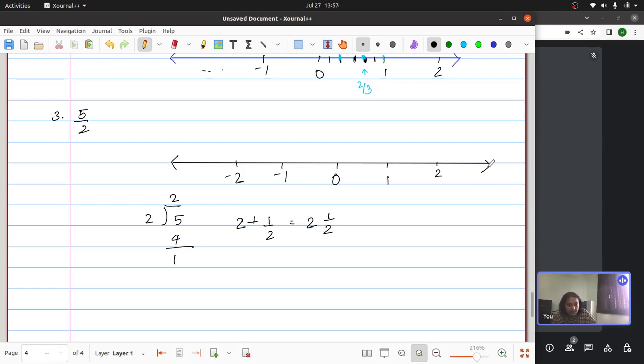So what we do is, you look at the interval after 2, that is between 2 and 3, and so we are looking at 2 1 by 2, and you try to represent that here. So, you divide this into 2 parts, you look at the first part. So, this is your 2 1 by 2.